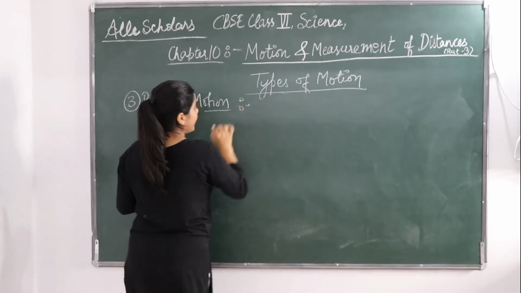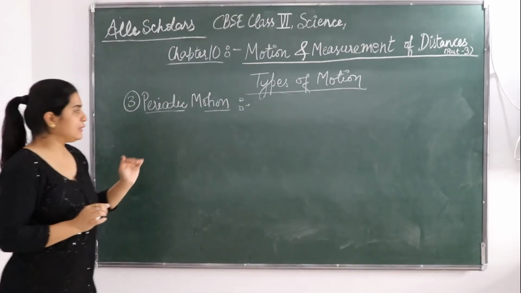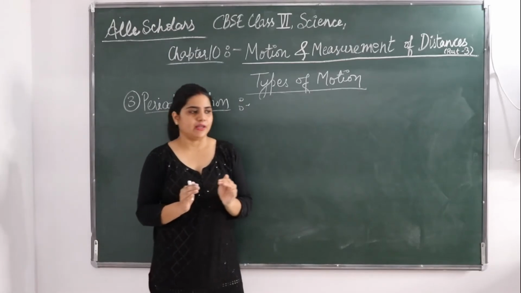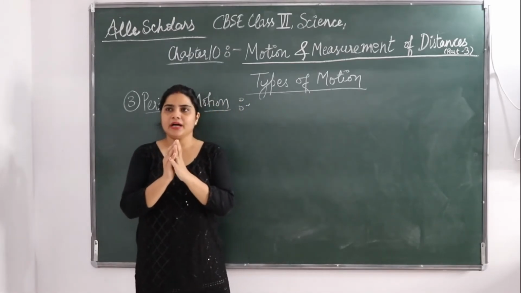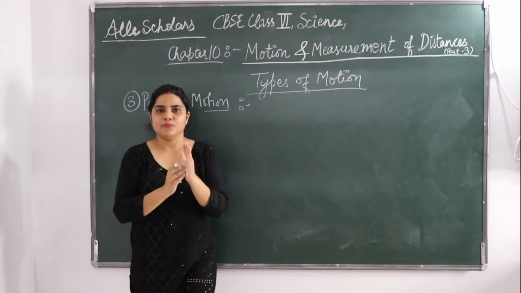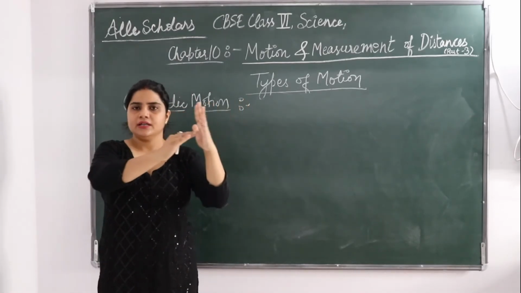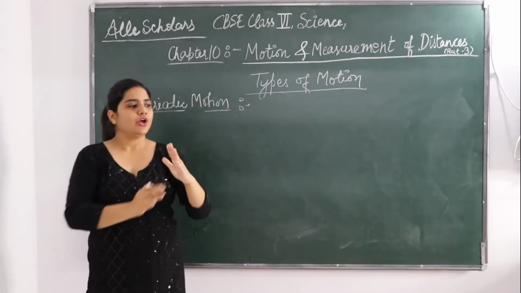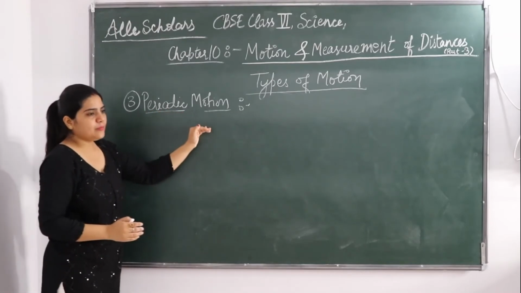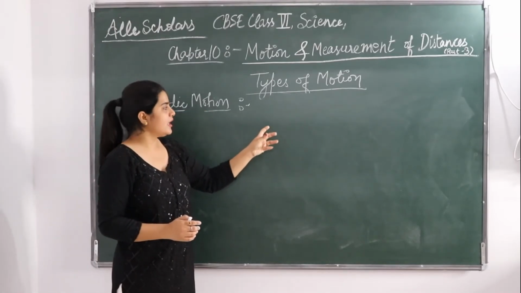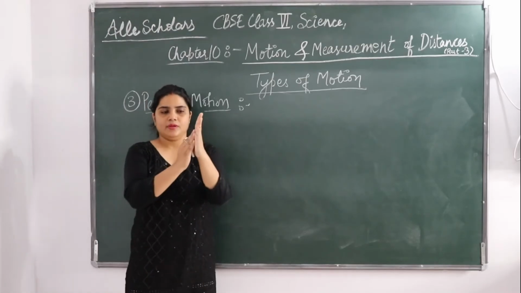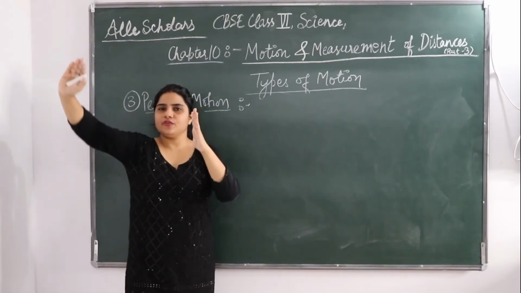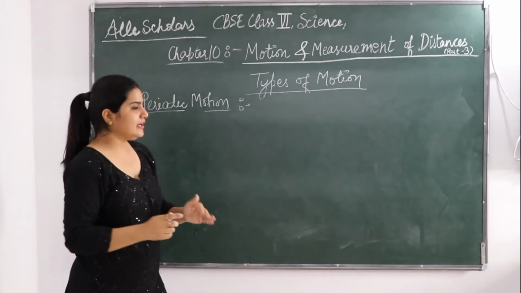Periodic motion is a motion in which an object repeats its motion after a fixed interval of time. After a fixed interval of time, the object's position will be the same. It was here, it went there, and after a fixed interval of time it comes back here. So in case of periodic motion, the object repeats the motion after a fixed interval of time.